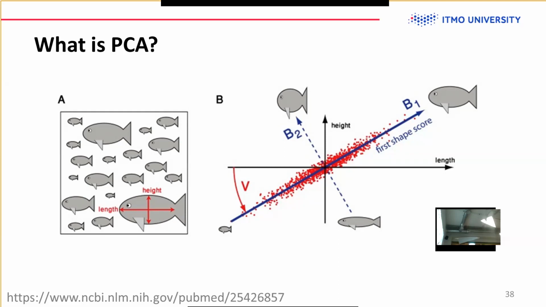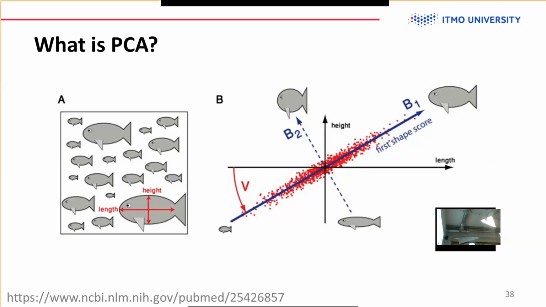This will be our first main component, which explains the largest part of the data set that can be explained using one linear component. And from that you can have the second component: can we describe more of it, and so on.